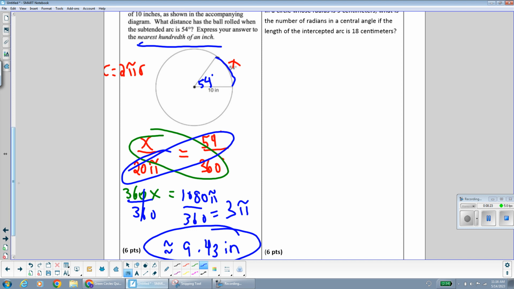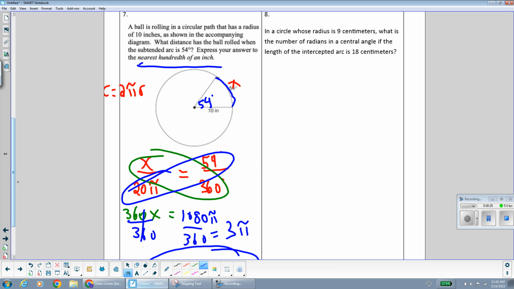Okay, the next one is in radians, and we're talking about arc length because it talks about the length of the intercepted arc. So it's an arc length question. And since we're in radians, I'm going to just use our formula for arc length. So arc length is equal to radius times central angle. The S stands for arc length, R stands for radius, and theta stands for the central angle.